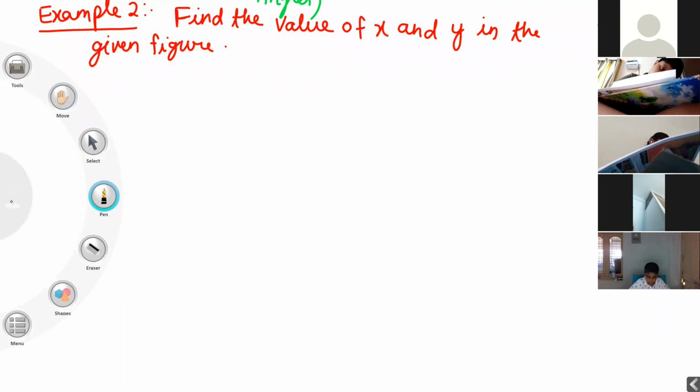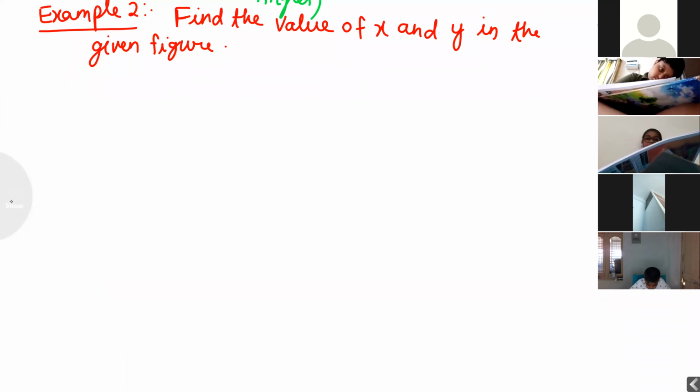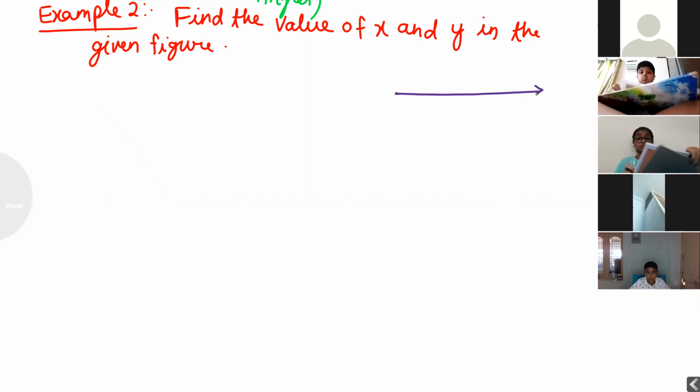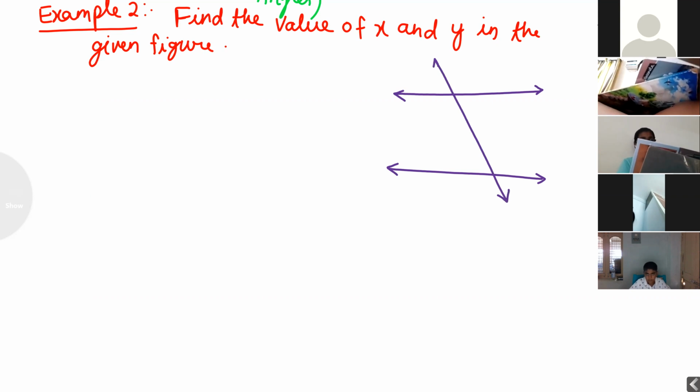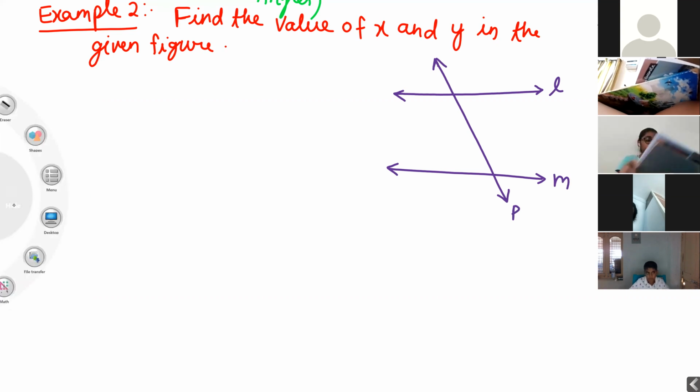Draw the figure with the help of a pencil. Don't use a pen. These are two parallel lines. This is the transversal line. Name the lines L, M, P. We can take any line, no problem. It depends on you.